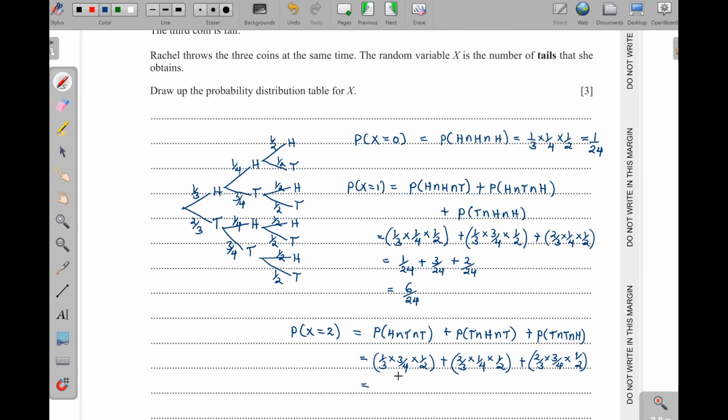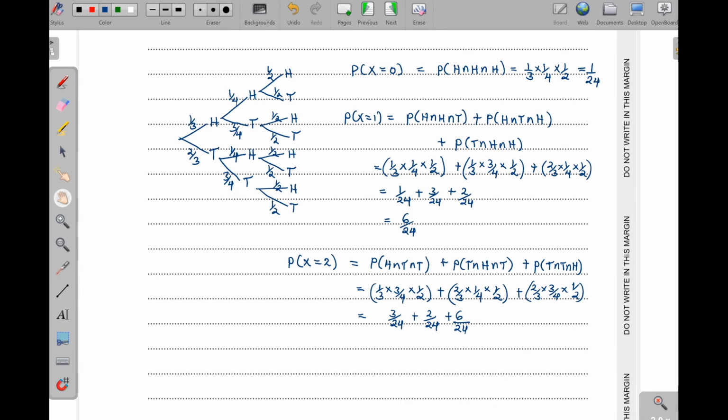So this one is 3/24, 2/24, and then 6/24. And when we add everything together, that will be 11/24.